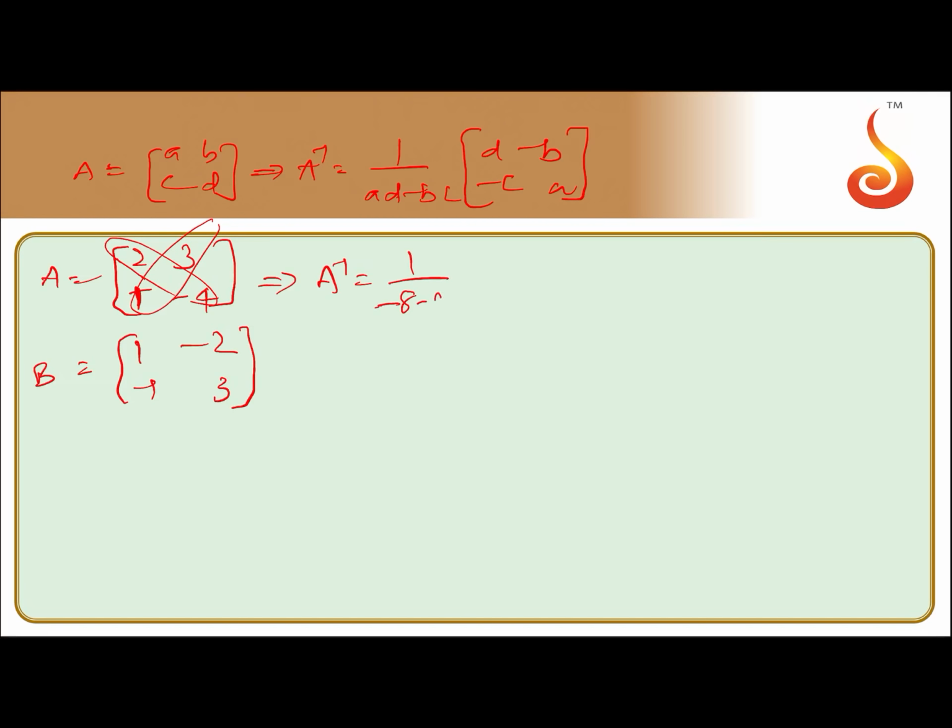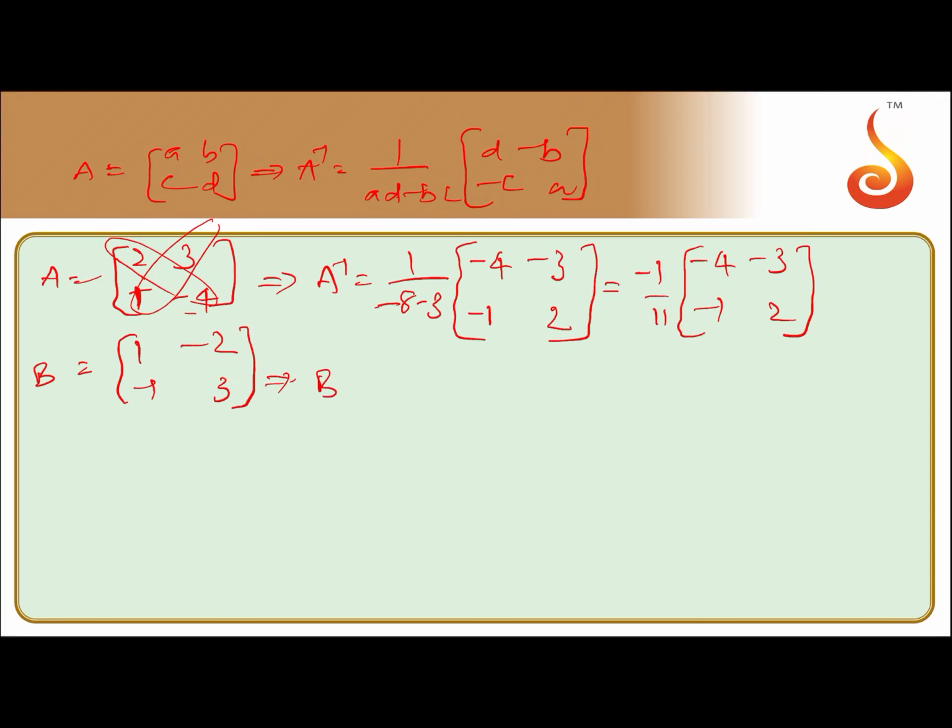So minus 8 minus 3, multiplied by D minus 4, minus B minus 3, minus C minus 1, A which is equal to 2. And which is nothing but minus 1 by 11 times minus 4 minus 3, minus 1 and 2.